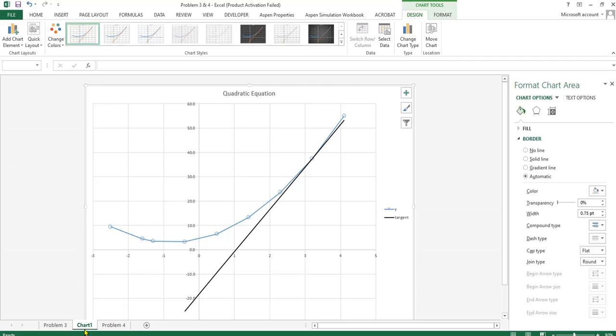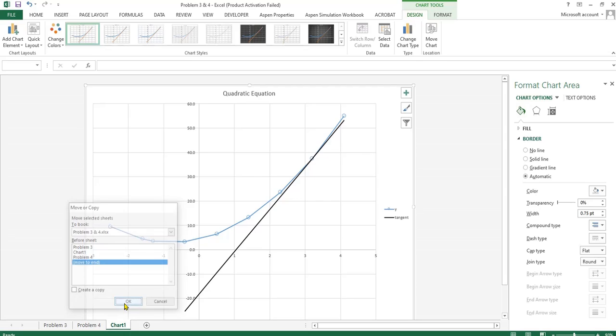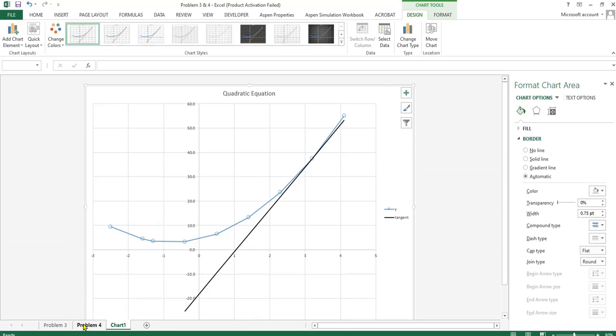Let me move this chart from here to this point. I can also move it by right click, move or copy. I move it to the end. That is it. It goes to the end. I can drag it. If I drag this to the back, that is it. Back to the end.